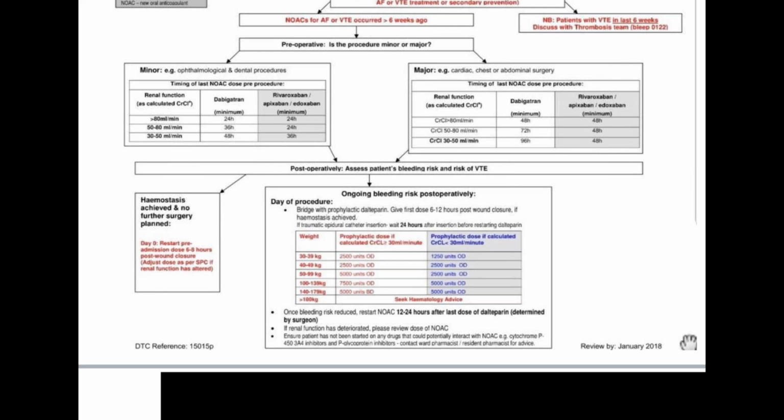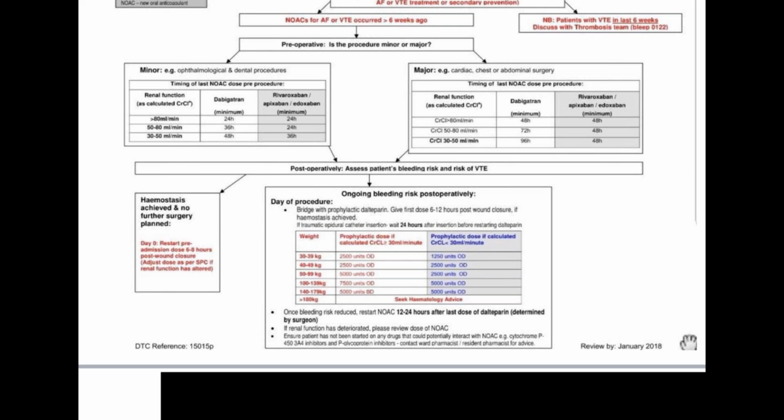So if hemostasis is achieved and no further surgeries are planned, from day 0, we will restart our pre-admission dose about 6 to 8 hours after the wound closure. So we will start the direct new oral anticoagulant without starting any kind of heparin, once we assume that there is no risk of bleeding and no planned surgery in the coming days. This should be started about 6 to 8 hours after the surgery.